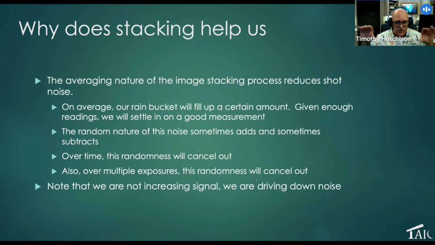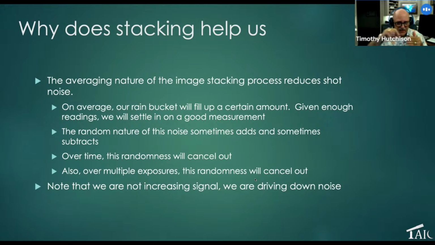And we're going to zero in eventually on how many raindrops were actually in our bucket, right? When we have enough readings, we're going to settle in on the good measurement because the signal is going to stay, and the random nature of the noise is eventually going to average out. So the more exposures that we take, the more that randomness will tend to cancel out, just like if we take a longer exposure.